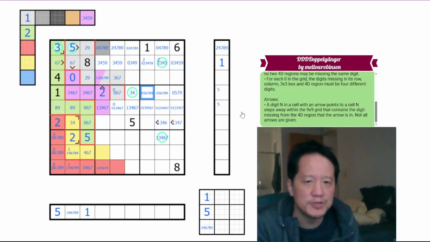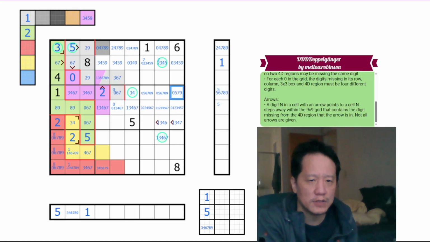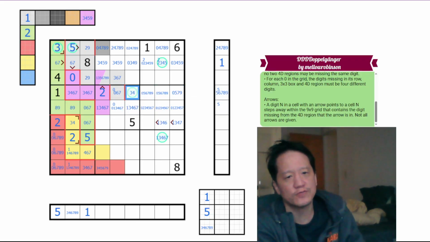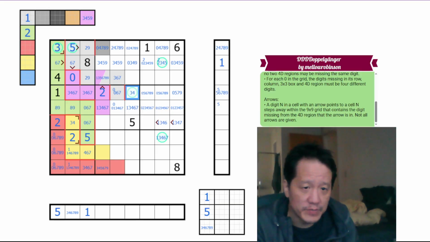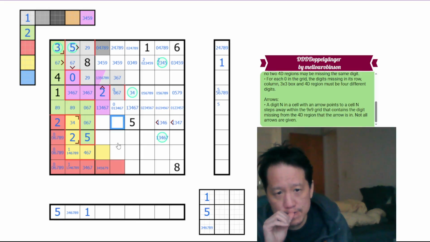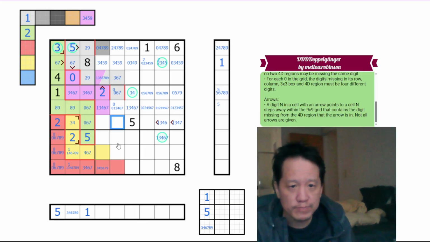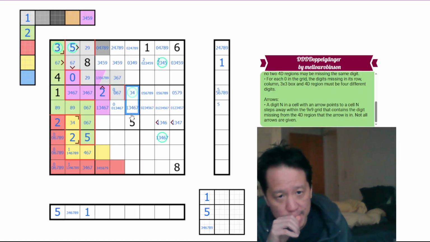So we are not missing 3 or 4 here. We're missing 5 through 9 here in row 4 because this is 3 or 4 here. This could do something like this. That would be fine. So we don't know that this has to be the same region as that.